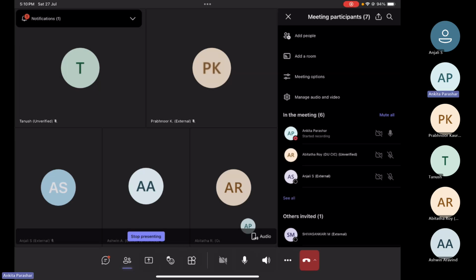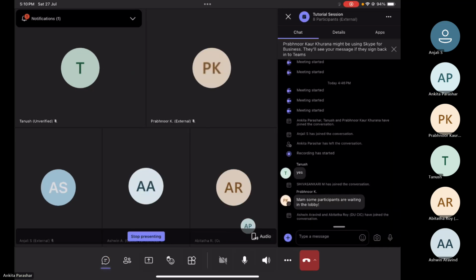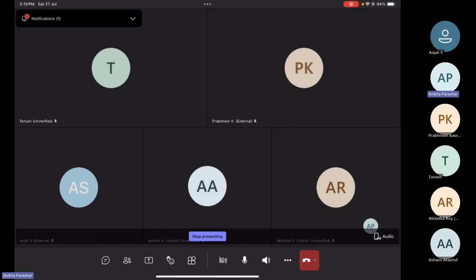Are they here? The students who are waiting in the meeting, are they here now? I have allowed all the people who are waiting, so I hope people are here.